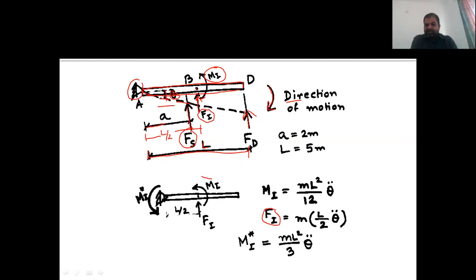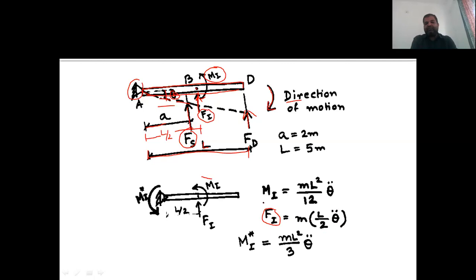So the total displacement at this point will be L by 2 into this theta. So that is the displacement. So m into L by 2 into theta double dot, as it is a double derivative. So my Fi will be this.